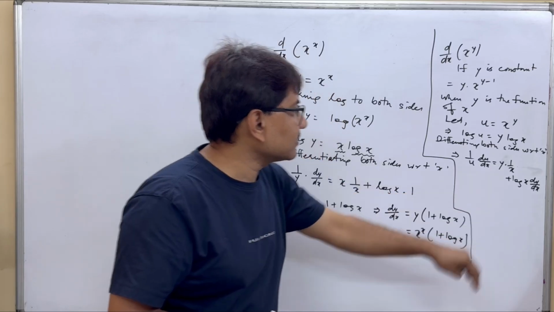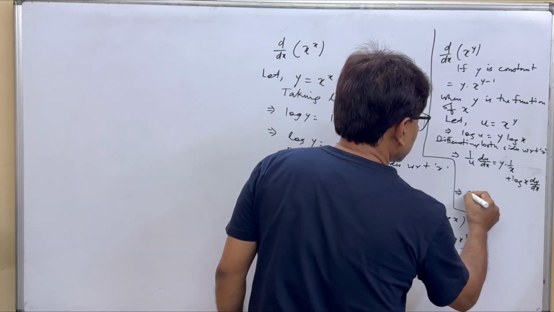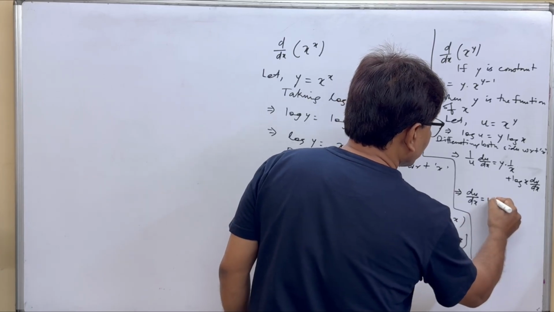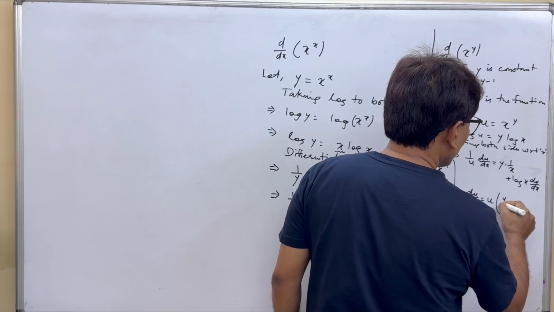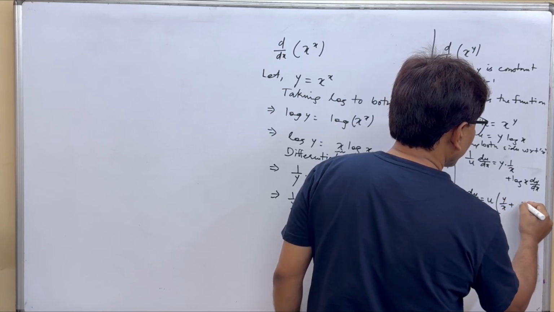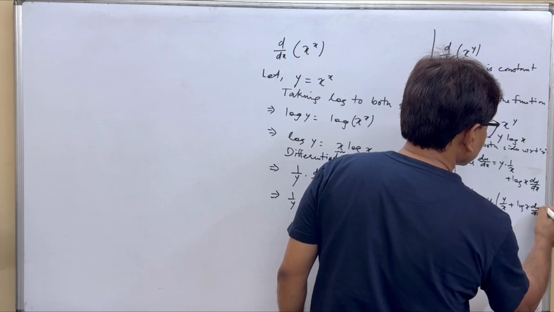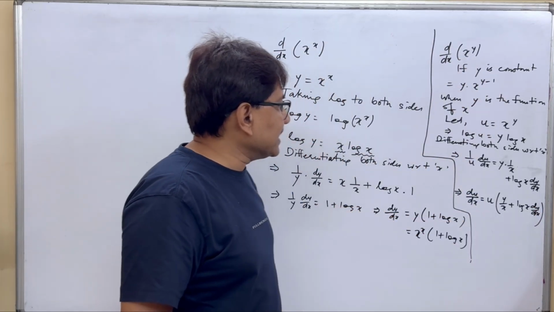This part is clear. So ultimately du by dx equals, this u goes to this side, u times the bracket y by x plus log x dy by dx. This is now du by dx.